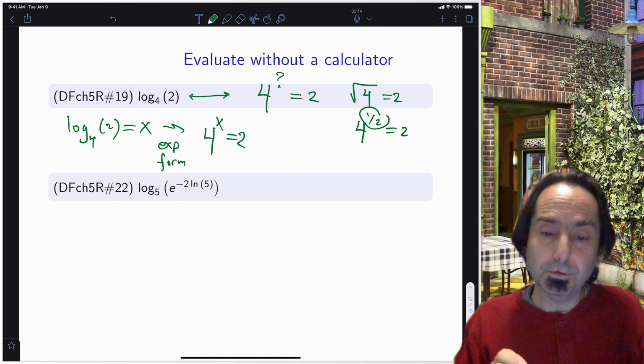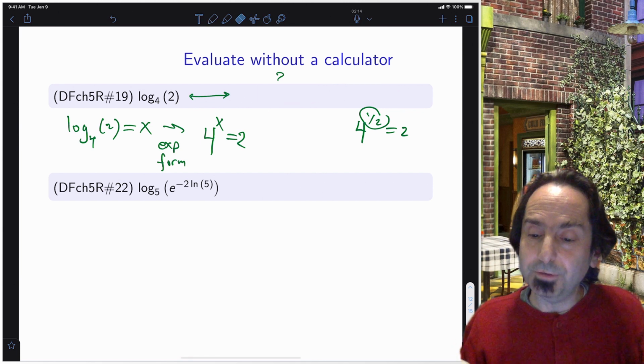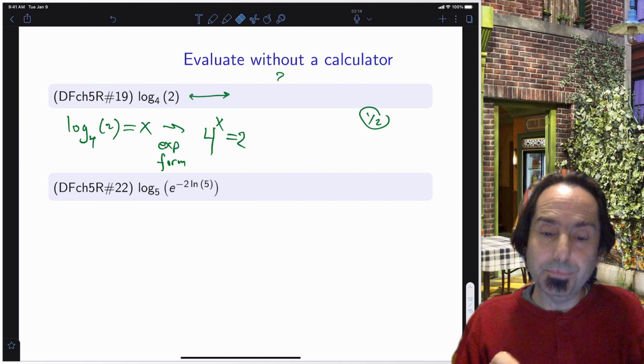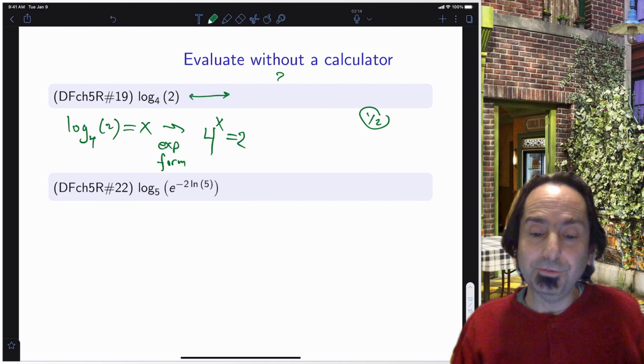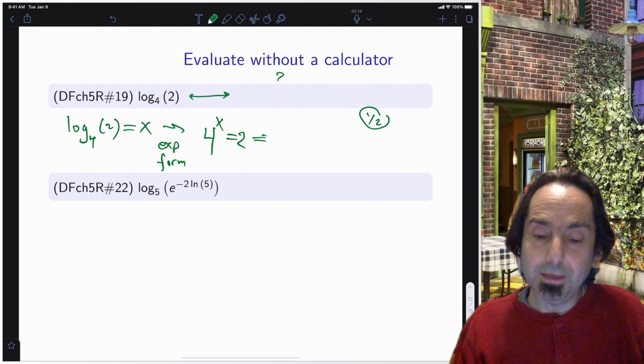And one thing I could do, let's move this out of the way, is I could change to the same base. 4 is the same as 2 squared.